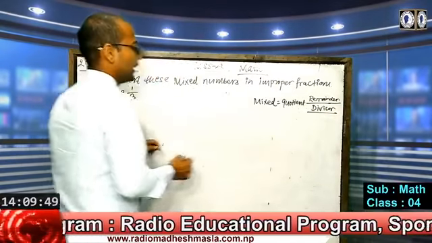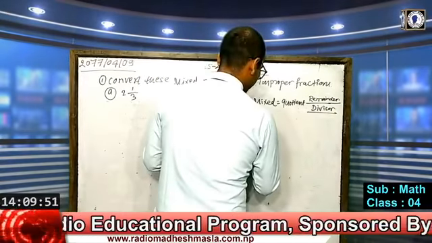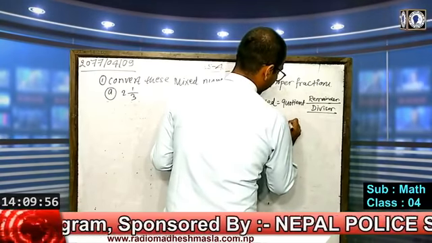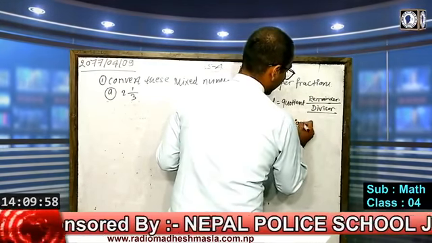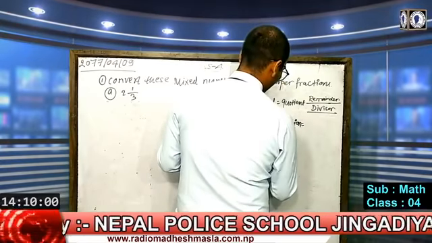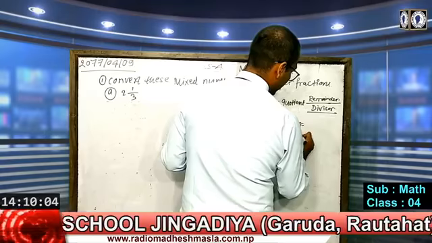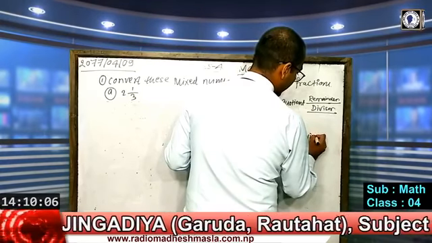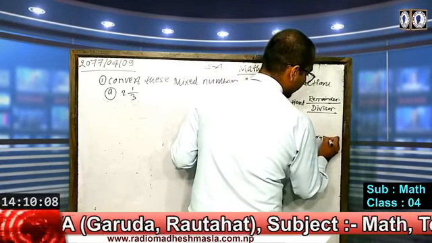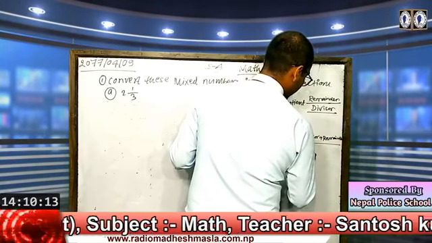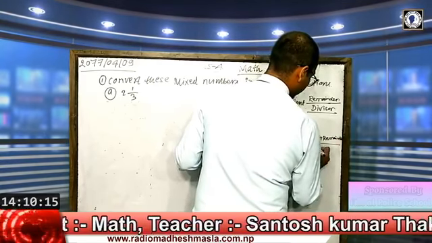In that way, the improper fraction is equal to quotient into divisor plus remainder. Students, listen to me very carefully, and by divisor.